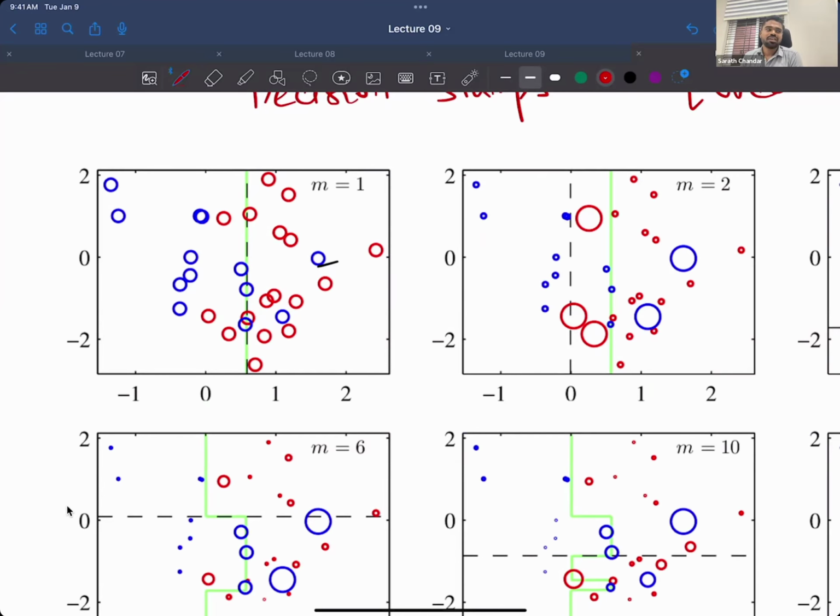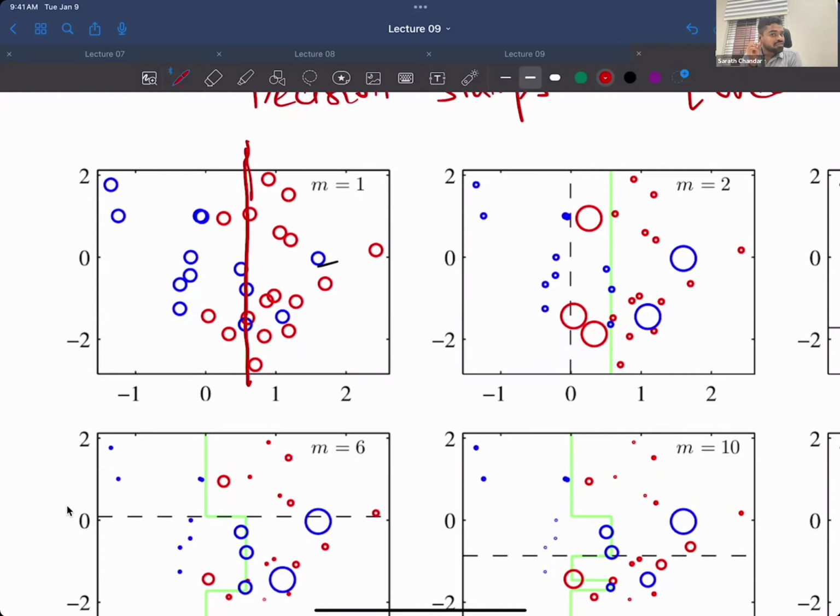Initially, I start with equal weight for all the examples. That's why you see the circles are the same size. So I fit a decision stump which says I'm going to split the data here. Anything on the right is red color. Anything on the left is blue color.